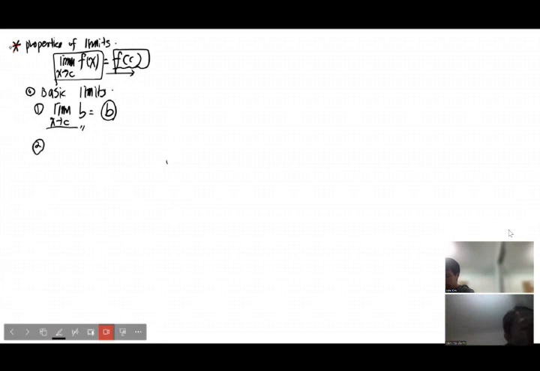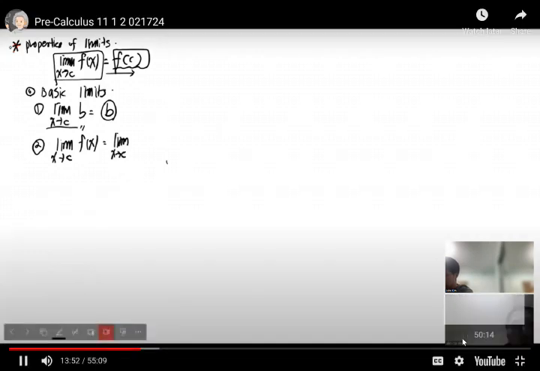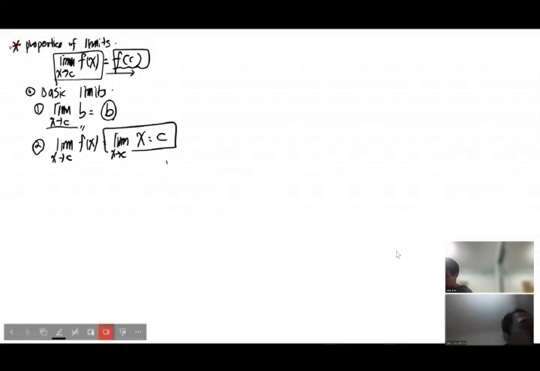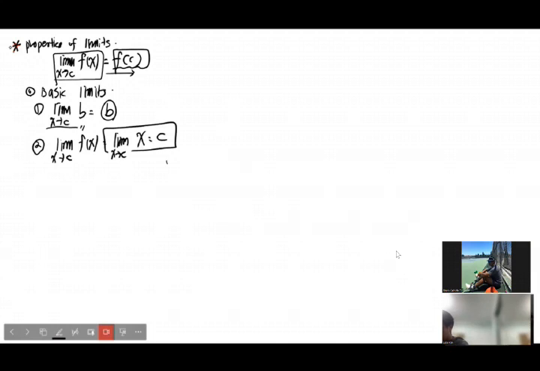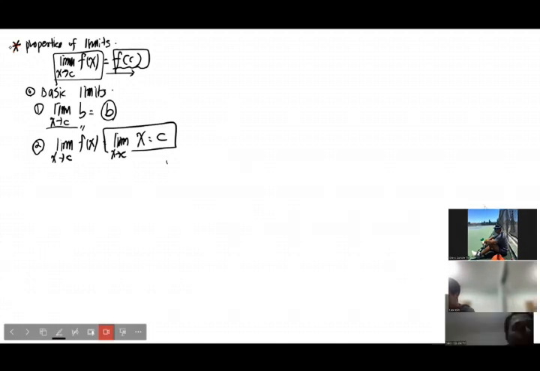Number 2, the limit of x for x goes to c, the solution of that case is c. All you need is to plug c into x.